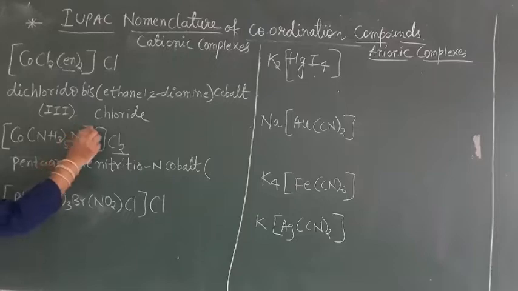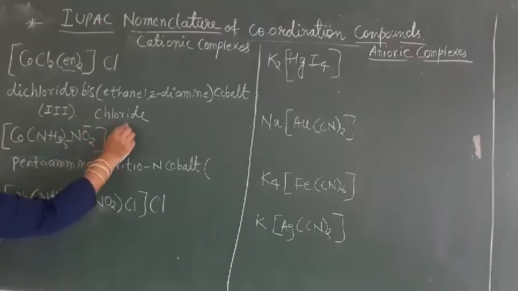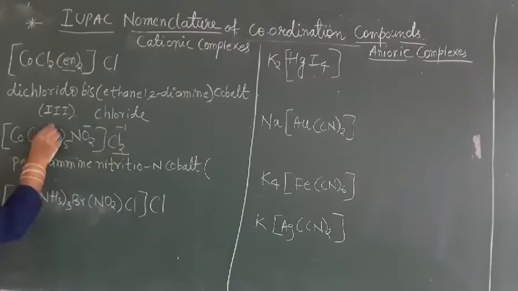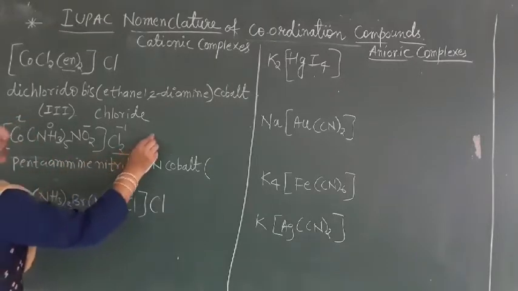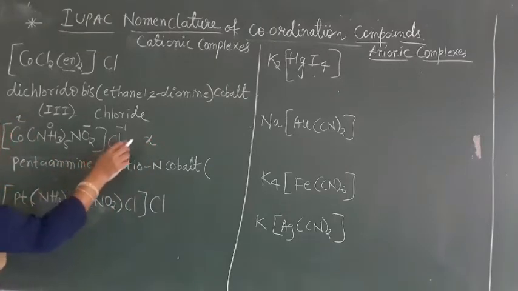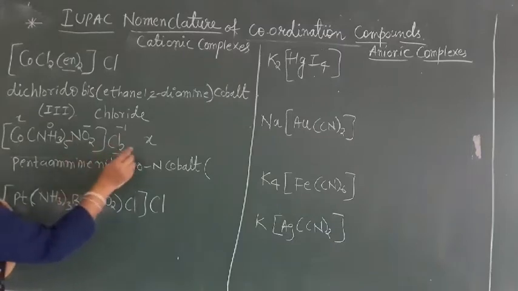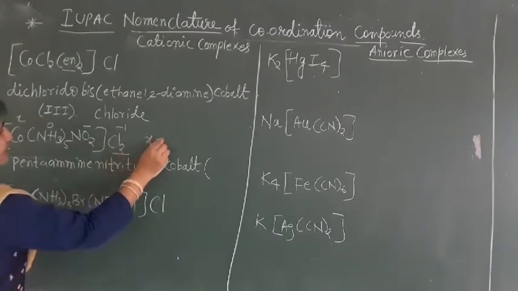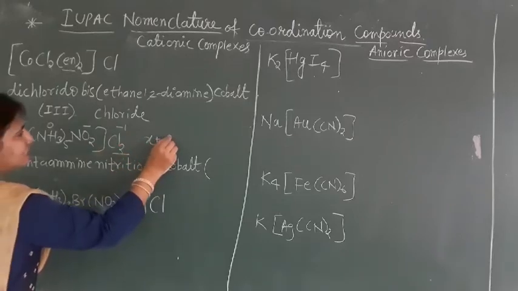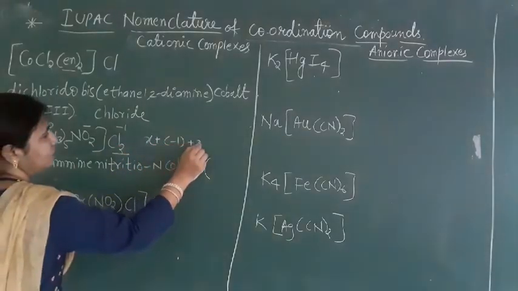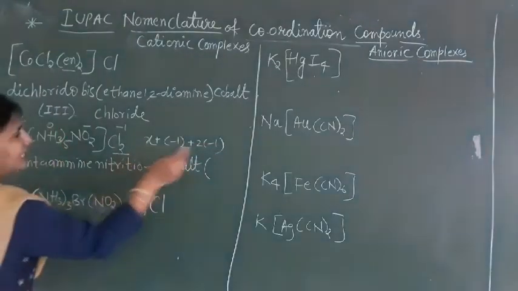See here, this is NO2 minus, this is Cl2 with -1 each, and ammonia is 0. This is our X here. There are 2 Cl here, so that comes to -2. X plus -1, then plus 2 into -1, is equal to 0.